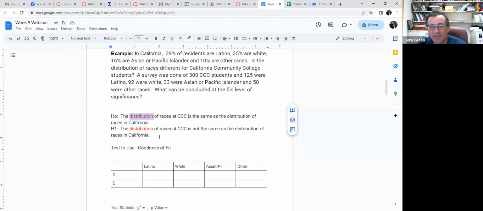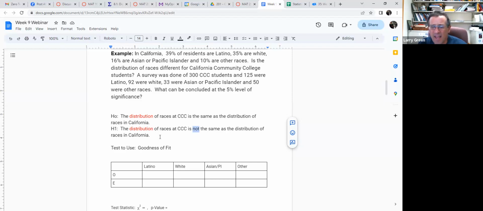Okay, the good news is H1, the alternative hypothesis, is exactly the same with one extra word, not. So the distribution of races at California community colleges is not the same as the distribution of races in California. Any questions on that? Okay, and again, you have to have that word distribution. That's really important.